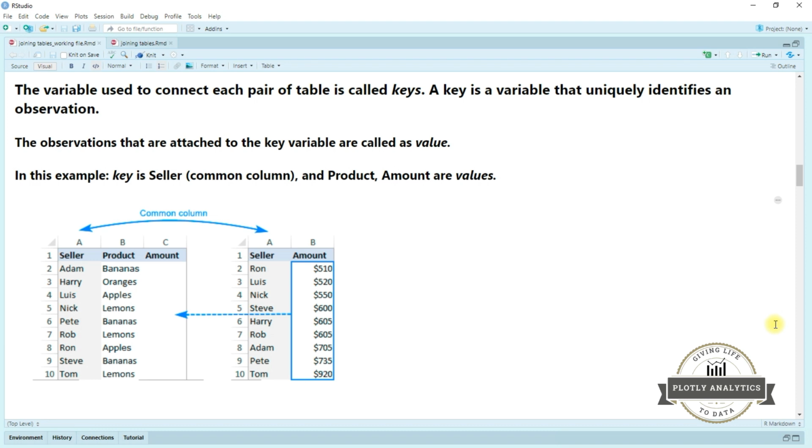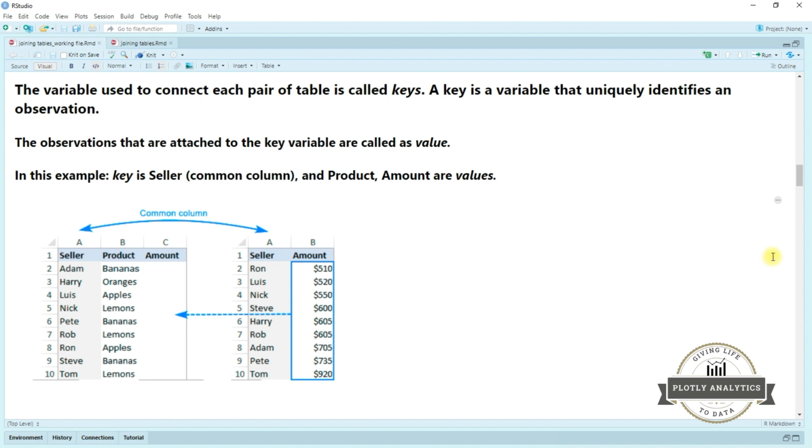Now while combining these 2 tables together, the join functions in the Dplyr package will first scan through these 2 tables and try to understand which is the key column. In this case, the seller is the key column, and then they match the values in both the tables as per the key and give out the aggregate table. So this is how all the Dplyr functions work in the backend. First they find the key-value pairs, and then they combine the tables together.